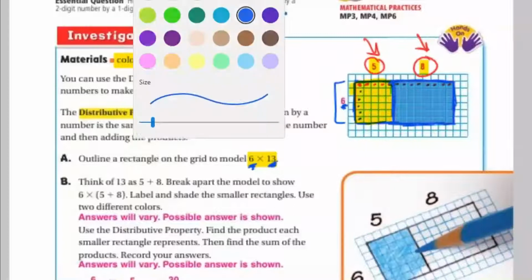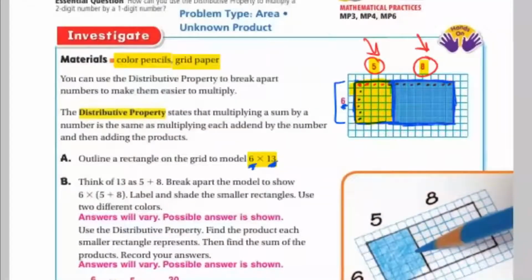After that we have here 6 and we have here 5, right? So this board, the yellow board, represents 6 multiplied by 5. And we have also here 6 and we have here 8. So the blue board represents 6 multiplied by 8.